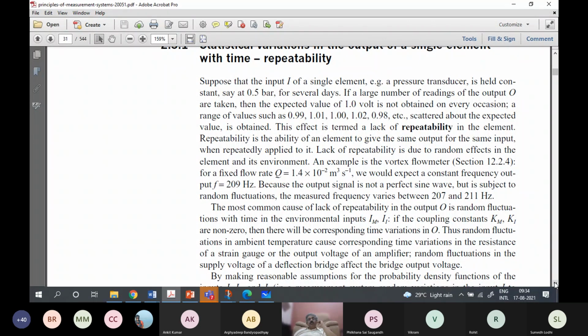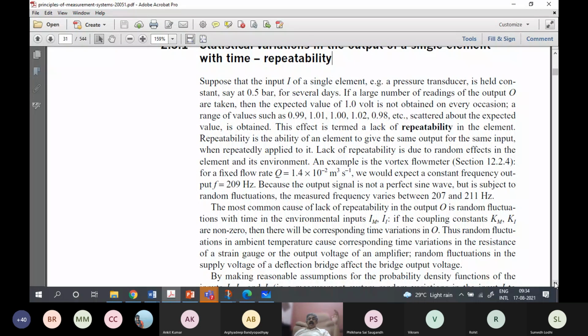So repeatability is the closeness with which an instrument can produce readings multiple times when measuring an input of the same value. And naturally, if an instrument has to be repeatable, then it has to be immune to interfering and modifying inputs.